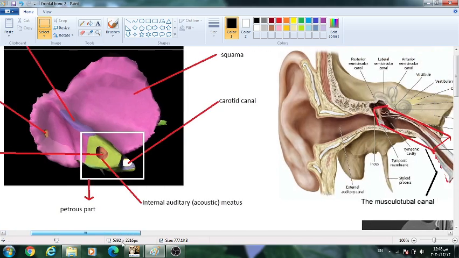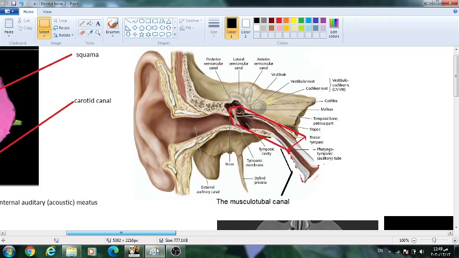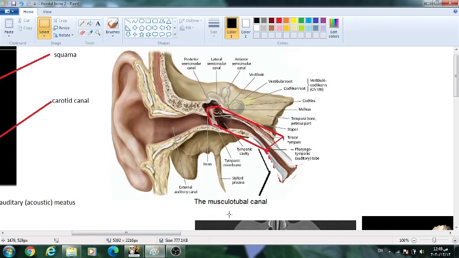And then we have the musculotubal canal. The musculotubal canal, of course, is divided by a septum into 2 canals, the tensor tympani canal, and the canal below it is for the auditory tube.